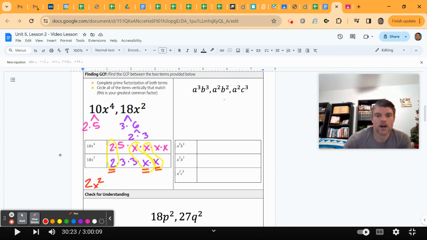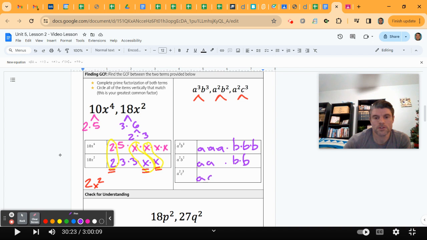When you break down this next one, notice there's 3 terms. I'm just going to write them here. It's going to save us time. There's 3 A's and there's 3 B's. All right, so for this one, there's 2 A's and 2 B's.